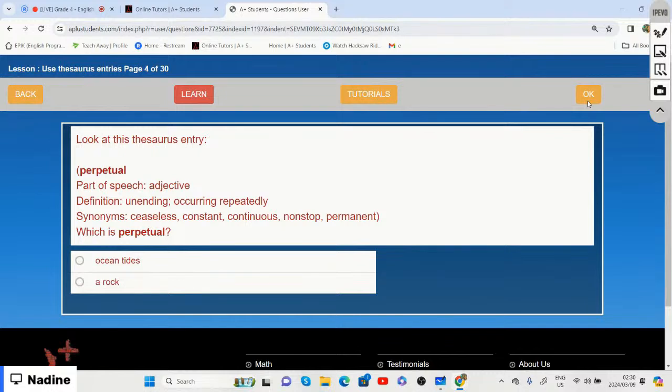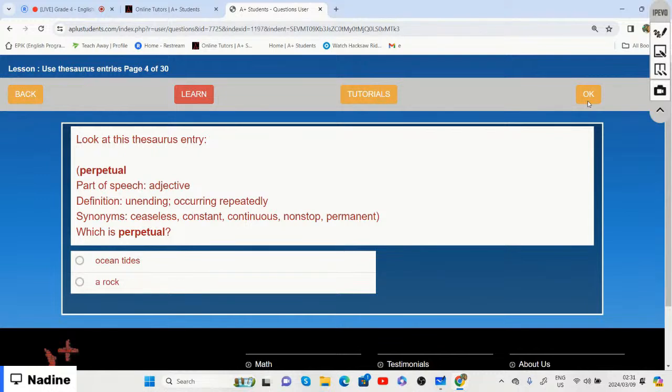And the synonyms of perpetual are ceaseless, constant, continuous, non-stop, and permanent.